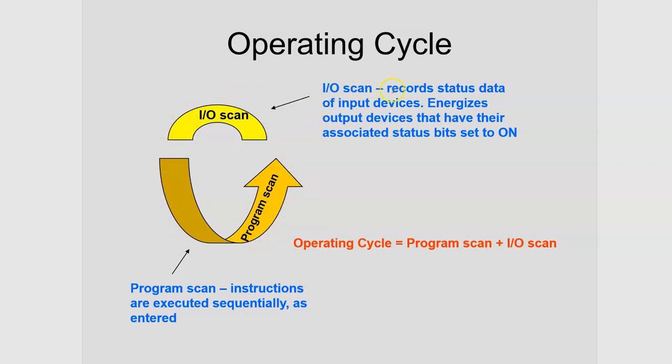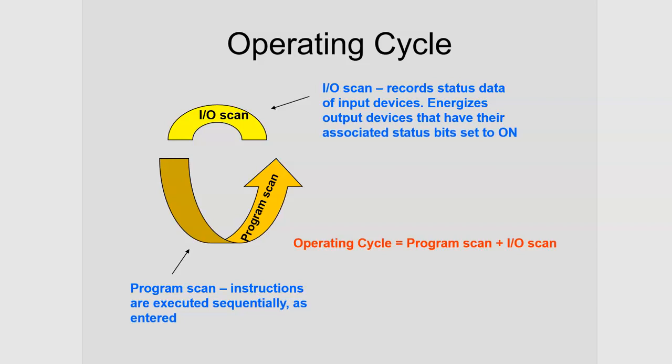The I/O scan records the status data of input devices and energizes output devices that have their associated status bits set to on. So when we do this part of the scan, we're looking to see 2 things. We're looking to see if the switch mapped to a particular terminal is open or closed.